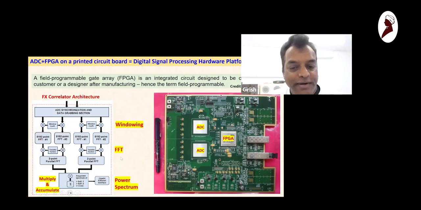And then it is Fourier transformed and correlated to generate the power spectrum. The power spectrum streaming out of, for example, a 1 gigabit Ethernet interface is interfaced to a laptop for data acquisition. Okay, so this is how we implement a digital signal processing hardware platform.